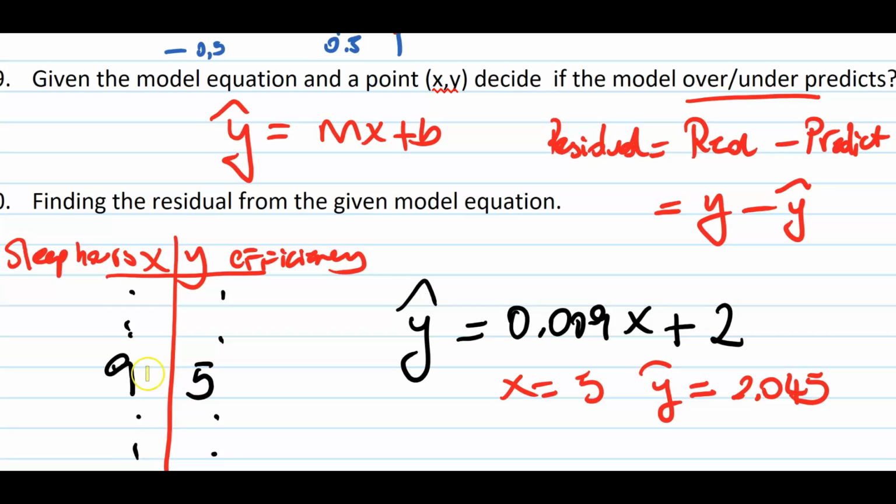However, in the real situation, we're getting 5 for the y value. So the model under predicts. And the residual will be y minus y hat: 5 minus 2.045, whatever that value is.